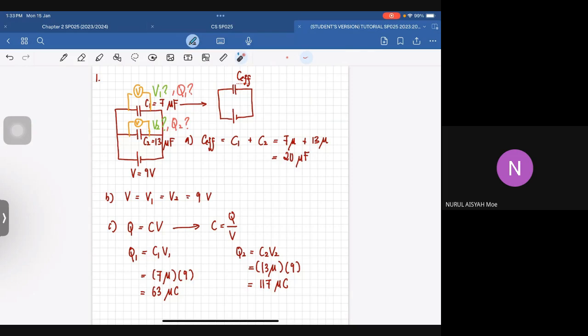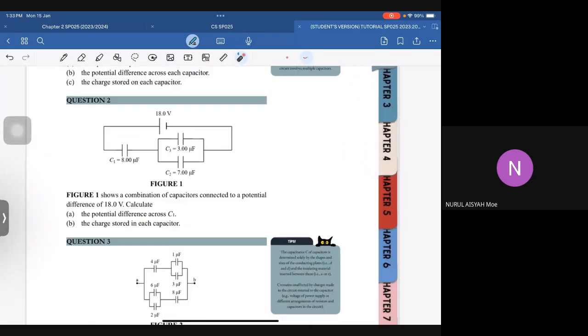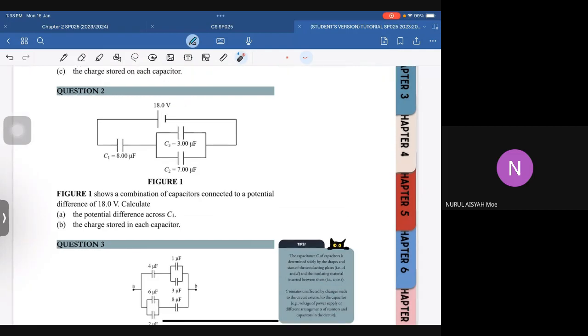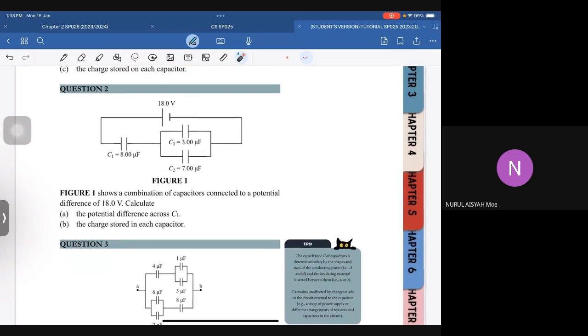Right, next we'll try to solve question 2. Question 2 is a combination of capacitors. Here we have a parallel part, and then we have, can you hear me? Should be okay.